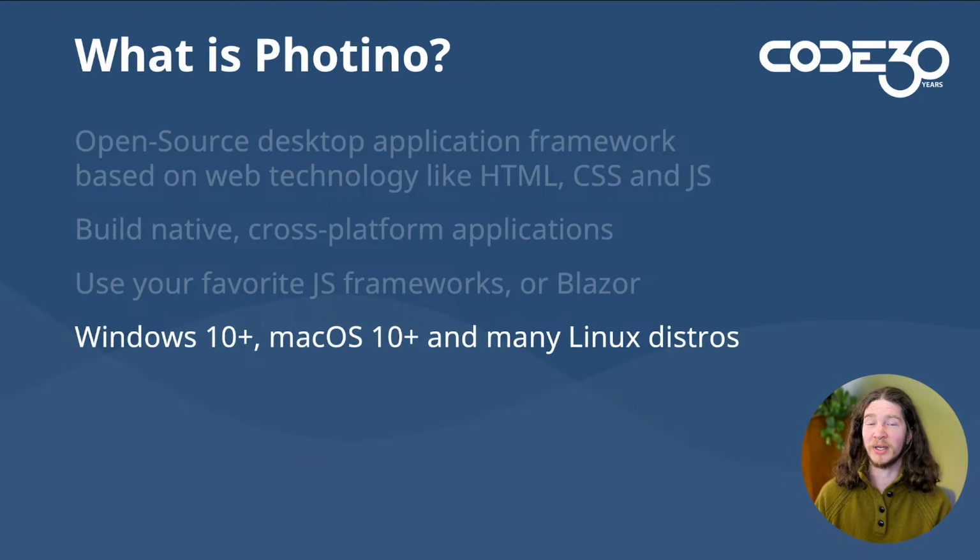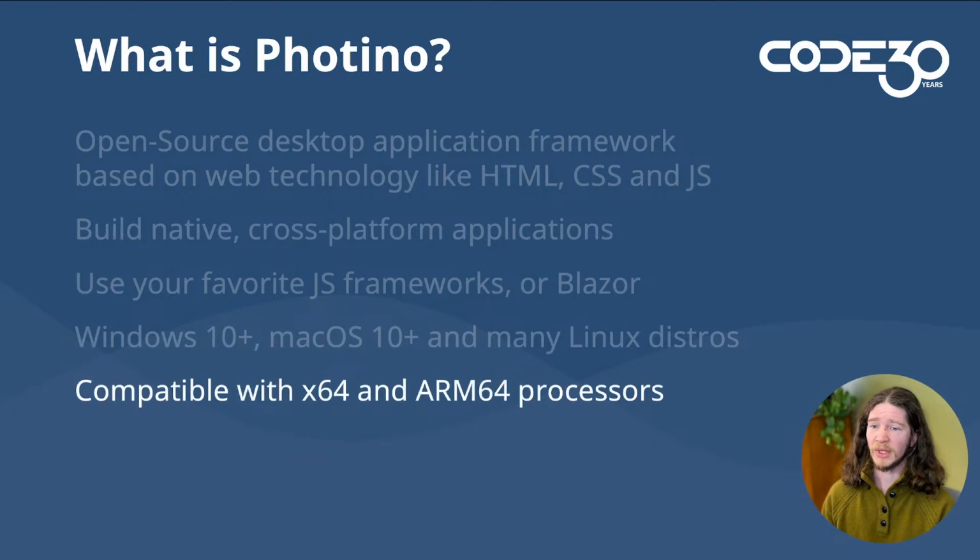There are some smaller Linux distributions that you might want to try out. We know there are a few issues with, for example, Steam Deck, but that's an issue that we are working on right now, and we're very hopeful that these kinds of things will all be compatible. So even if you have something exotic like SteamOS, you should be able to use Photino for these kinds of platforms as well.